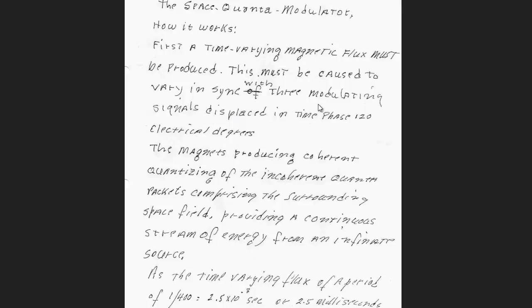He said the 3 modulator signals are displaced in time phase 120 electrical degrees. Now 120 electrical degrees would typically be 3-phase power. So if you were to think about a three-phase generator, each phase would be 120 electrical degrees. But that's not what the space quantum modulator was.